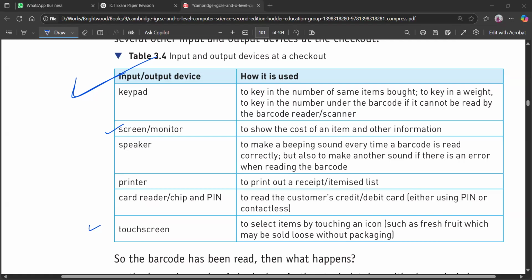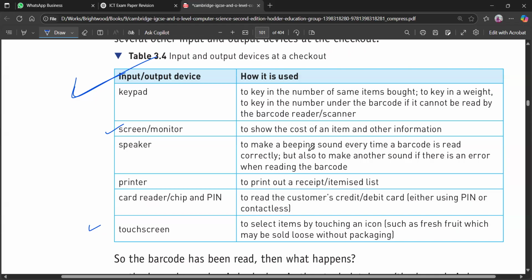So actually how does it work? In the keypad, you key in the number of the item, key in the weight, or key in the number under the barcode if it cannot be read by the barcode reader or scanner. The screen or monitor shows the cost of an item and other information.